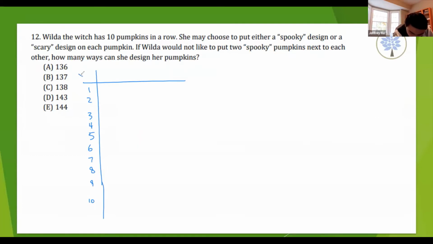where this is the number of pumpkins, and the first column will be the number of ways to design the pumpkins where the last pumpkin has a spooky design.